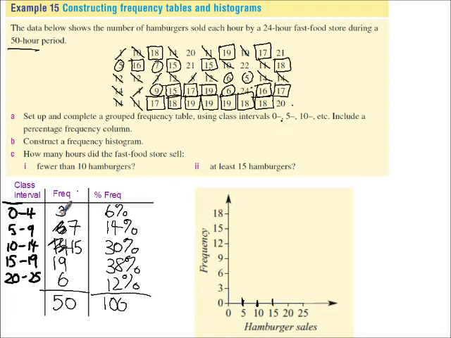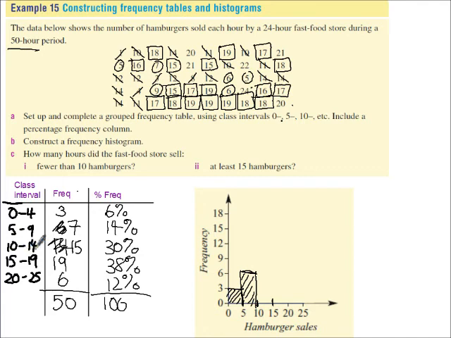So for our first classification, the frequency is 3. So we go up to 3, and that's our first column there. For our second classification, 5 to 9 goes up to 7. So there's 6, 7 is just a little bit higher. Crooked. There's 7. You would, of course, use a ruler and be very accurate.